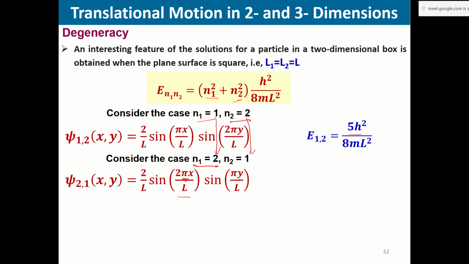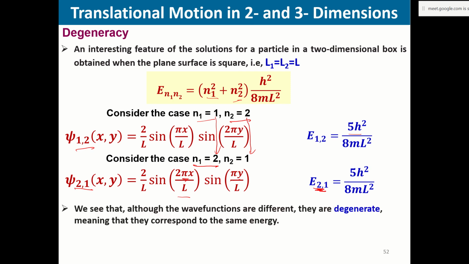Substitute the values, you can get this easily. So for 1 2 and 2 1, we write the wave function with a subscript: psi subscript 2 1 or 1 2. And if you calculate the energy for 2, 1, it also has the same energy, 5h square by 8mL square. So the wave functions are different, but they have the same energy. In other words, we say that the two states are degenerate.